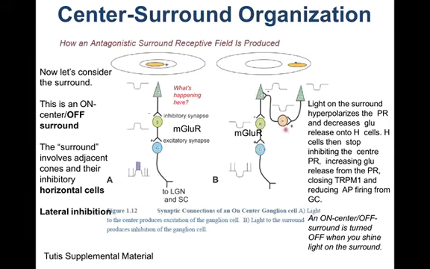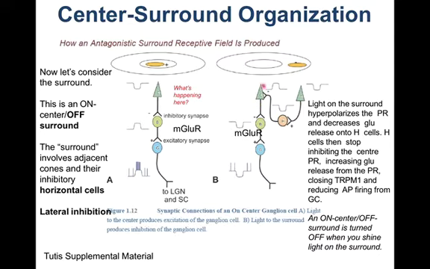And that's mediated through lateral inhibition via the horizontal cells, which are GABAergic. So when you shine light on the surround, you decrease glutamate release onto the horizontal cells. Horizontal cells stop inhibiting the center photoreceptor.